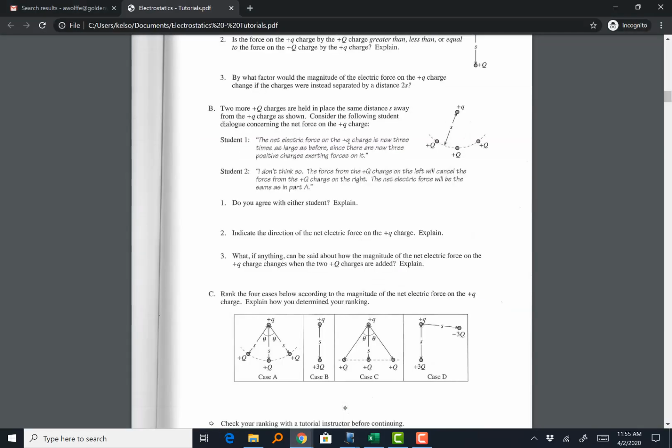And then what, if anything, can be said about how the magnitude of the net electric force on small q changes when the two big Q charges are added?